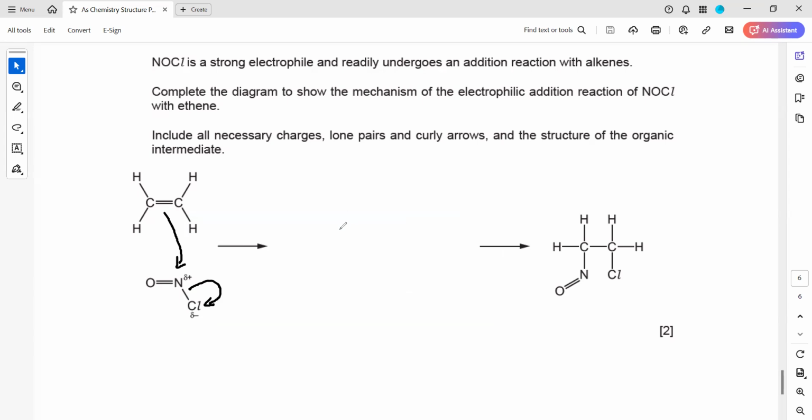So we'll have C, H, H, and the nitrogen is attached to the carbon with a double bond like this, and this carbon will get a positive charge because it has lost the electron. So this carbon, which has a positive charge, and a chlorine with an additional electron, a negative charge, is attracted towards this positive carbon.